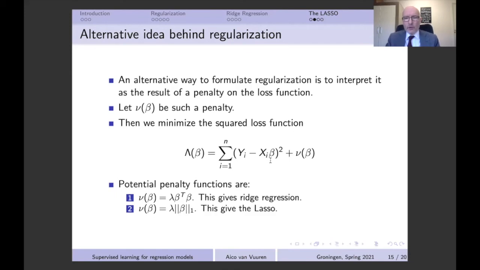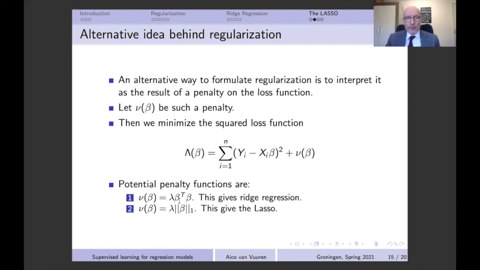Now, the question, of course, arises, what penalty function are we going to use? Well, at the moment that nu beta is equal to lambda times beta transpose times beta, then what we have over here is actually nothing else than an L2 norm. And then the solution with respect to minimizing this is going to be ridge regression.